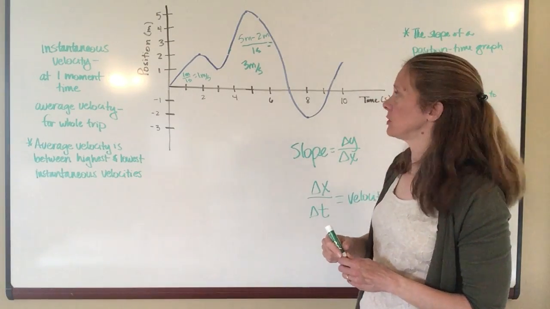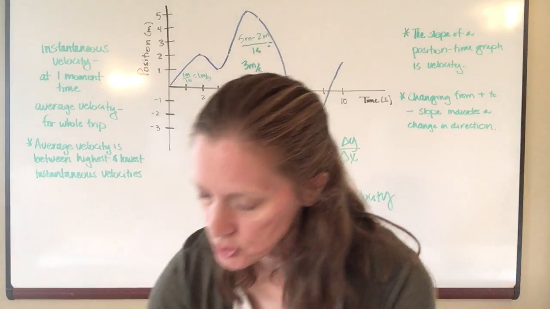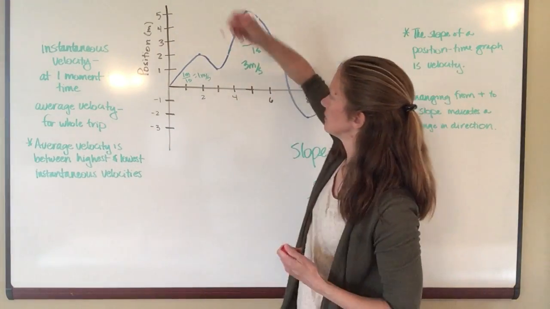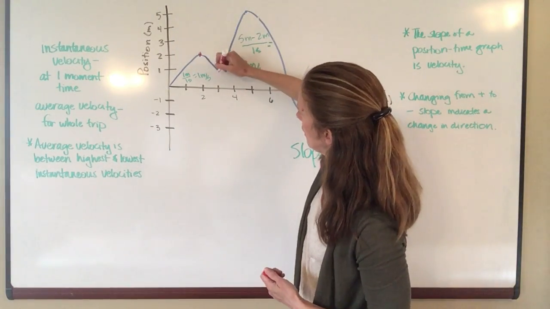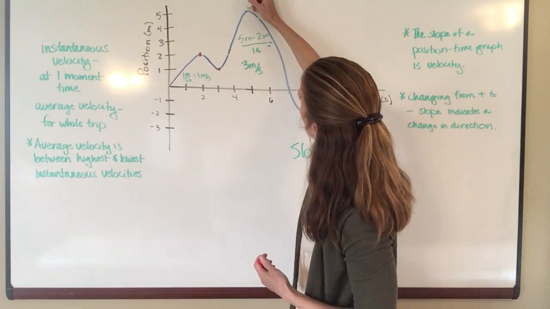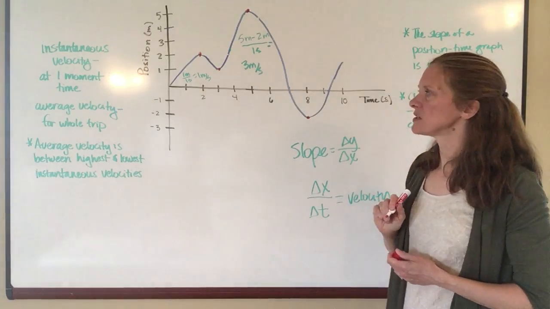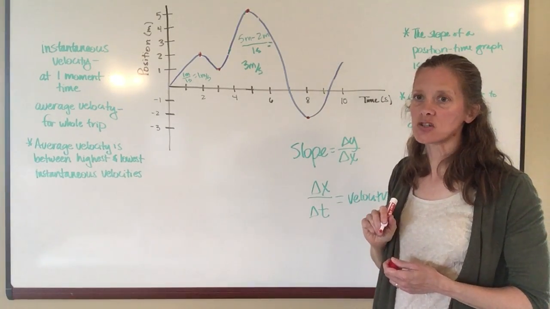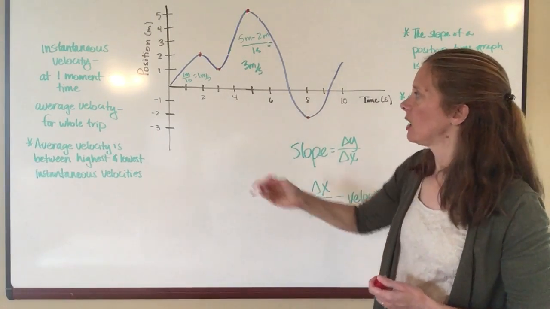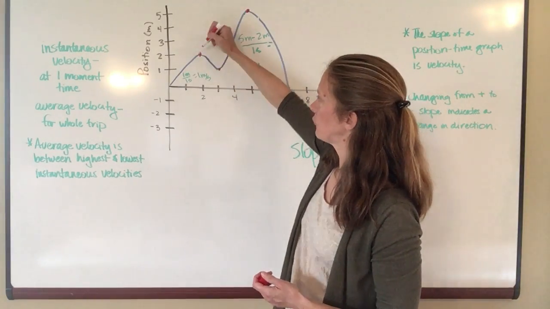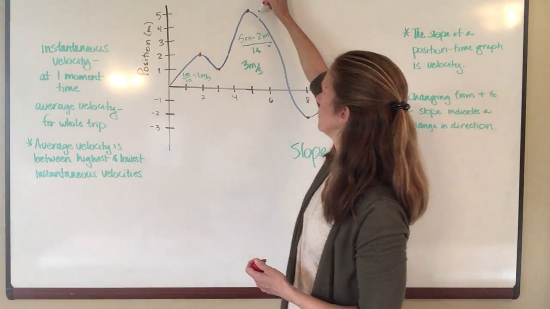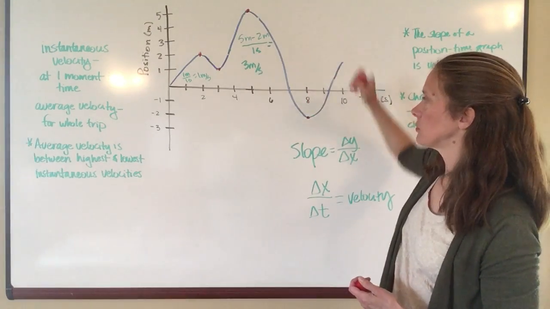You should also notice that when I get to a place like this one, or this one, or this one, or this one, what's happening there? Well, he's actually changing direction. Here he's going forward, here he's going backward, here he's going forward, here he's going backward, here he's going forward again.